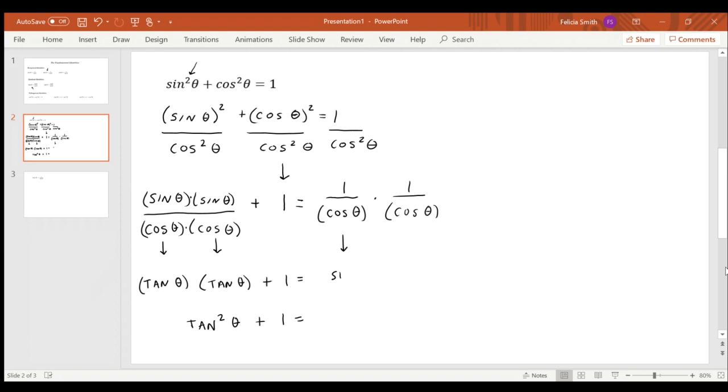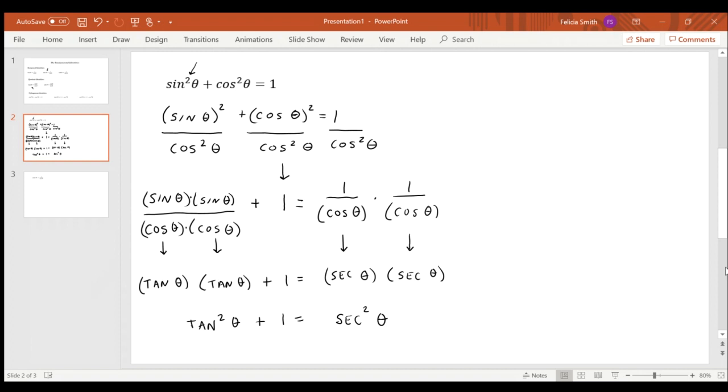So I can replace this with secant of theta. And I can do the same thing with this fraction. Replace it with secant of theta. And obviously if I multiply those two pieces together, I'm going to end up with secant squared theta.